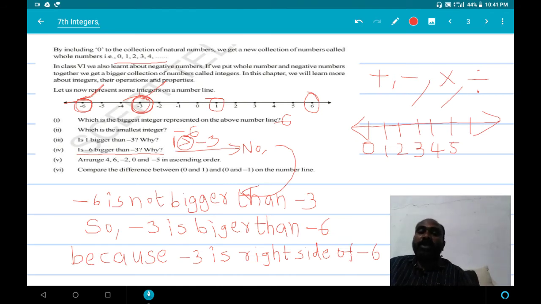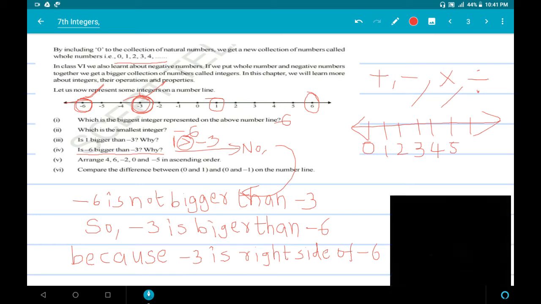Next one, fifth question. Arrange 4, 6, minus 2, 0 and minus 5 in ascending order. We know already, ascending order means smallest to biggest number. So here 4, 6, minus 2, 0 and minus 5.